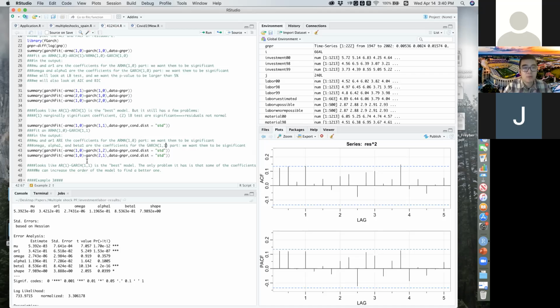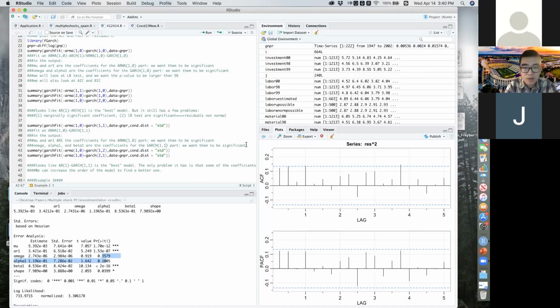Because in the GARCH(1,1) model, we have 3 coefficients. The first coefficient is the intercept, the second is the AR coefficient, and the third is the MA coefficient. Again, we want all of them to be statistically significant. But you can notice that omega and alpha 1, unfortunately, are not statistically significant.